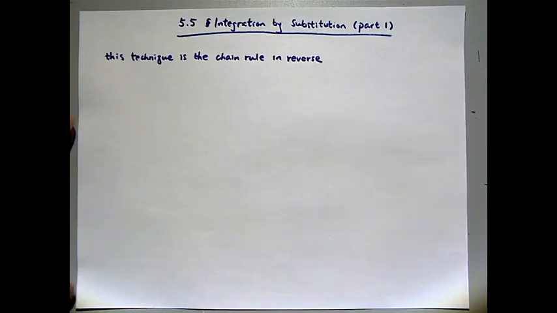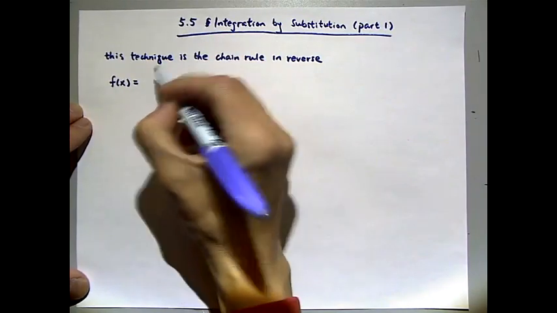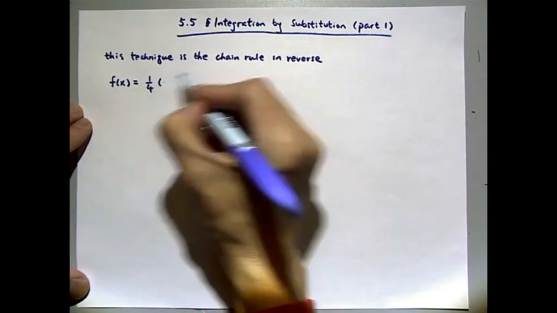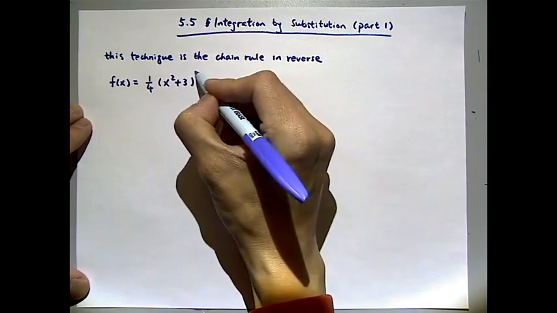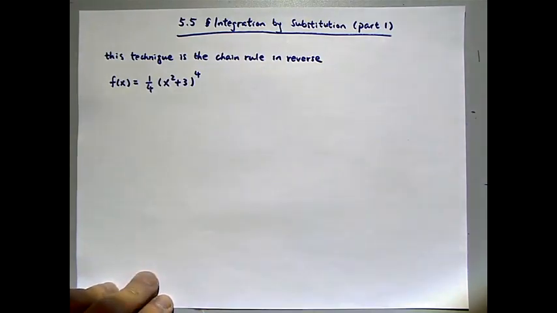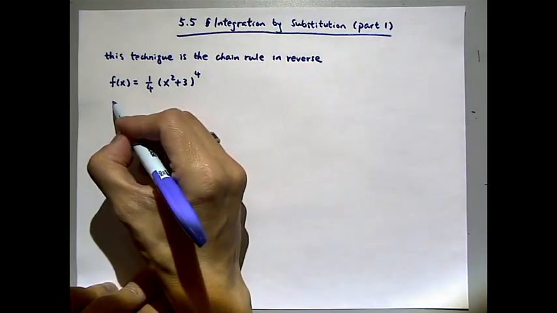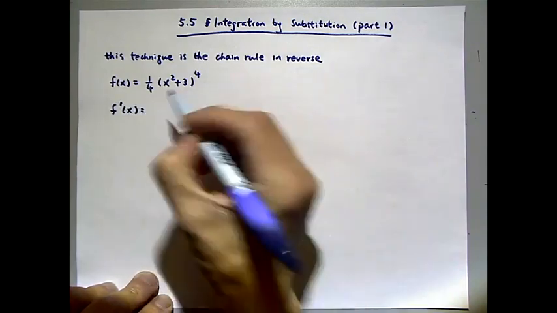And so, for example, let's look at this function right here: one-fourth times (x squared plus 3) to the 4th. We know how to take the derivative of that by the chain rule. Right?